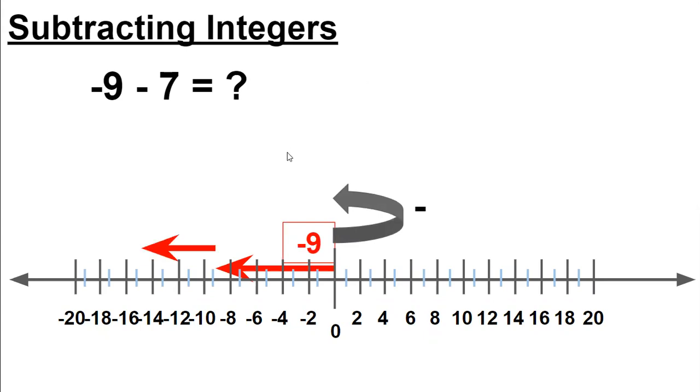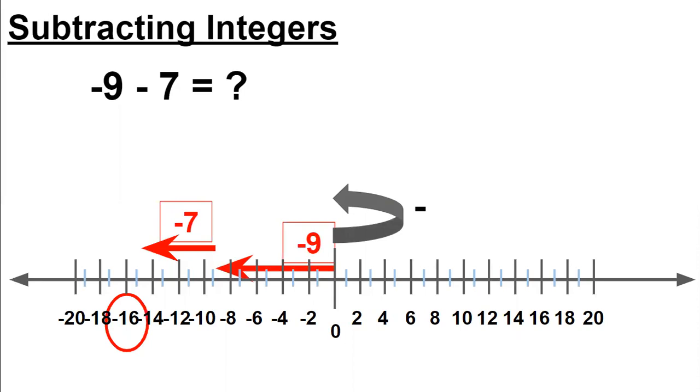Because we're going more to the left because we're subtracting. So we went 9, and then we're going 7 more to the left because it's a subtraction equation. Where are we going to end up? On -16. Now, we can also change this to an addition equation, which is what I would suggest.